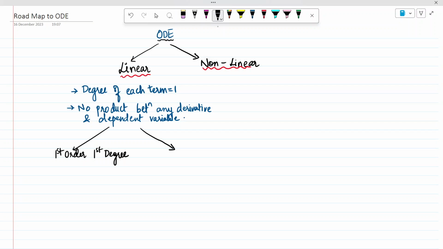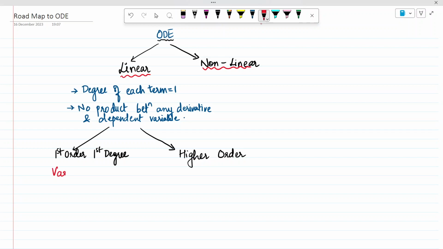I might not write the words first degree there because linear itself means first degree. So the first one is first order and the second one is higher order. Now when we talk about first order, first degree, you have different methods of solving.